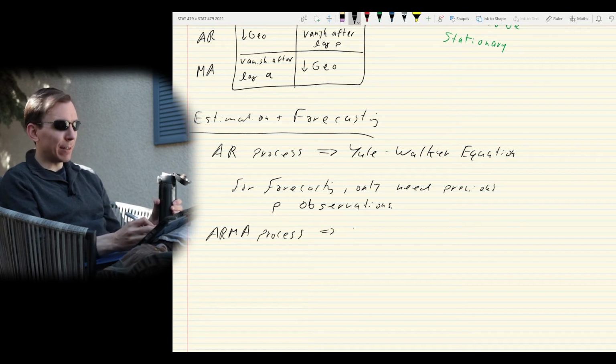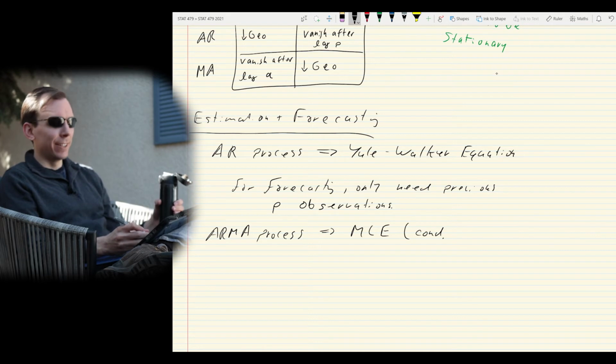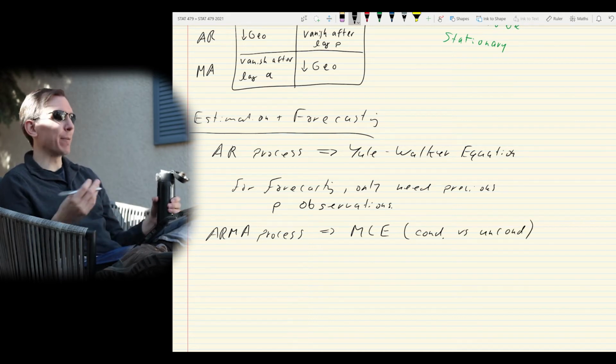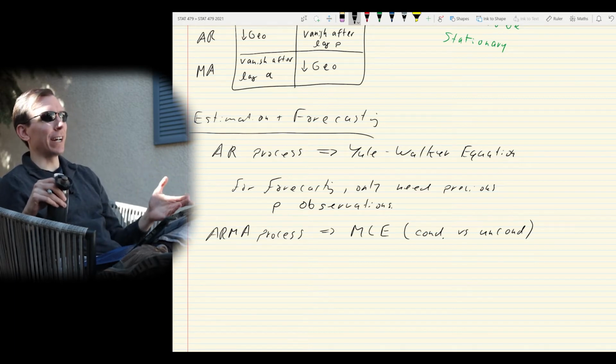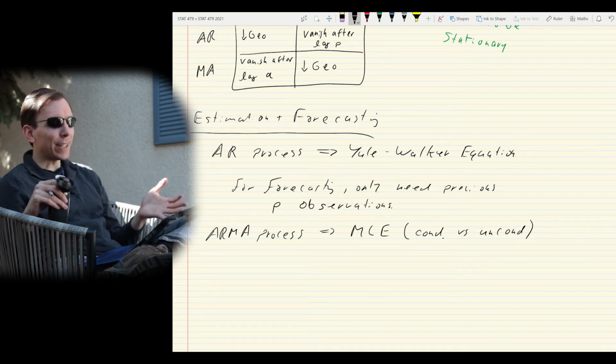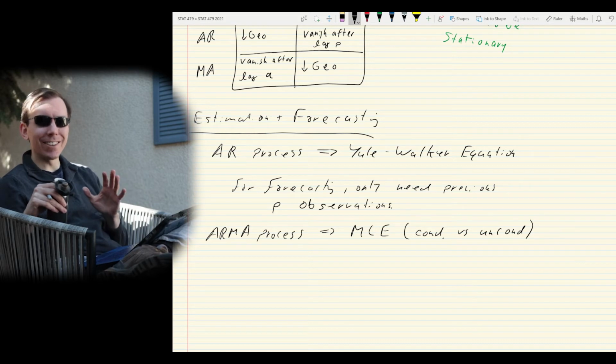Instead, we end up using maximum likelihood estimation. And again, there were two different approaches. We had a conditional versus an unconditional maximum likelihood. And the difference, again, was that when you conditioned, you got a nice linear system of equations. If you don't condition, you have a non-linear system. And yes, computers can do that these days.